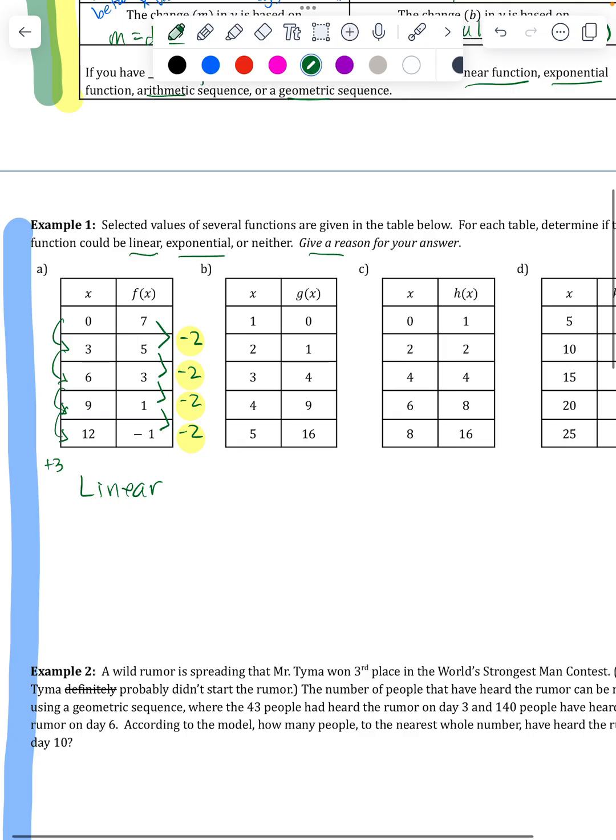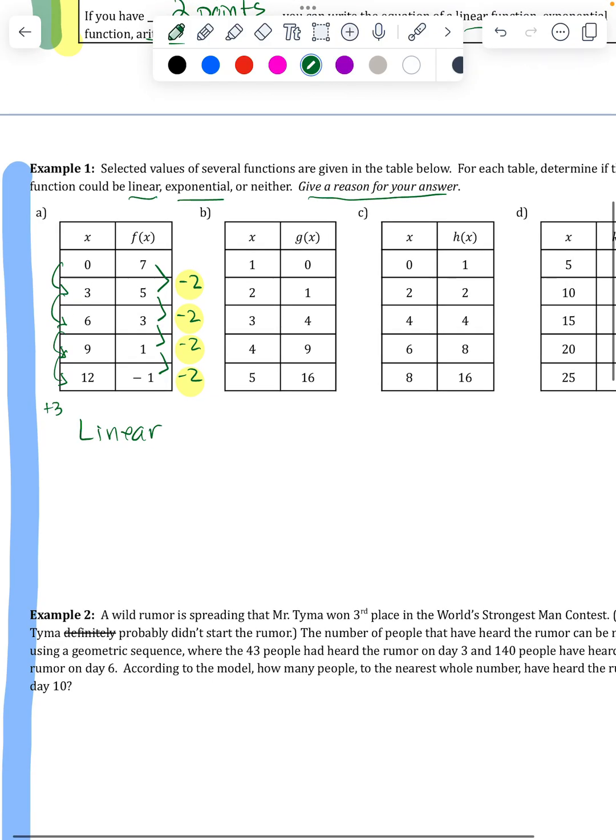And it wants me to give a reason for my answer. So I have to explain that my output values, which are those f of x's, change at a constant rate. They constantly go down 2.